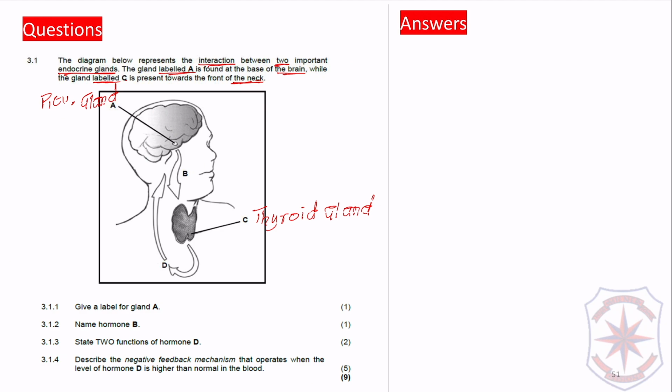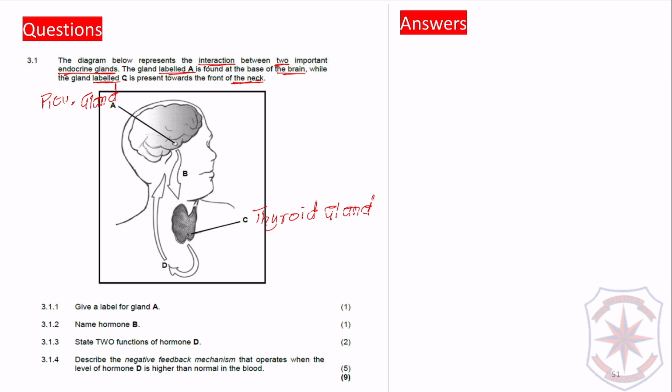Now the pituitary gland secretes many hormones. Remember that the pituitary gland secretes LH, FSH, and prolactin, which are the reproductive hormones in females.